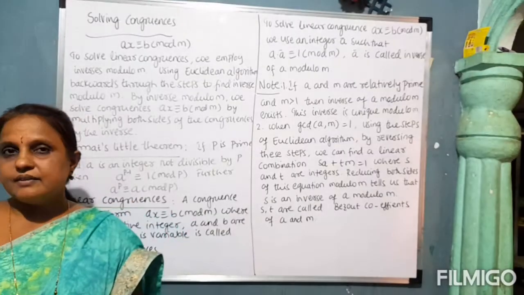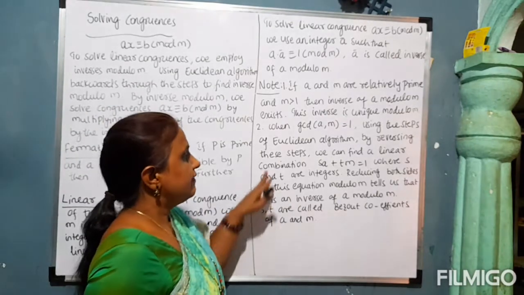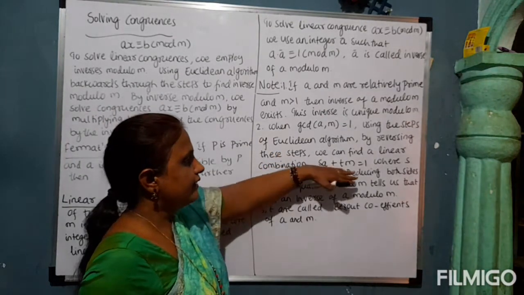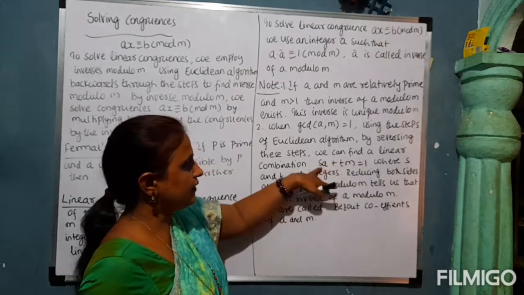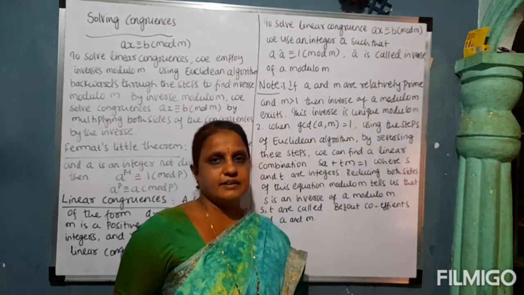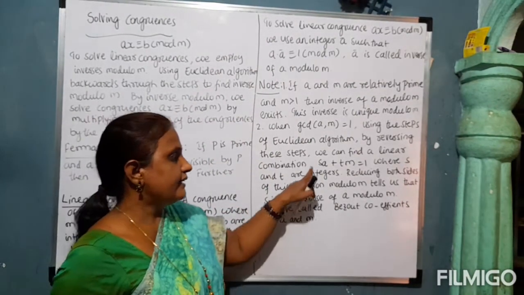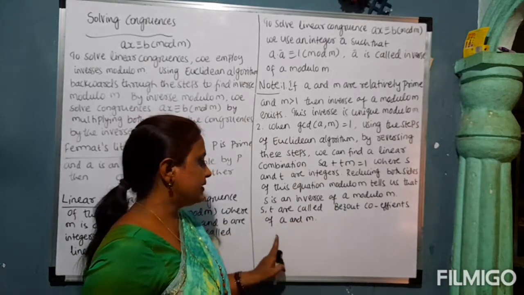Whenever we want to solve a linear congruence, we use the Euclidean algorithm and form a linear combination of the form sa plus tm equal to 1. s is treated as the inverse. Once we get the inverse, the solution is possible. Here s and t are called the Bezout coefficients.